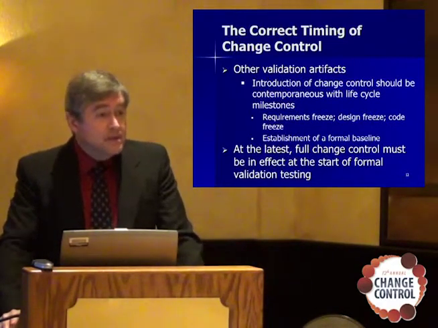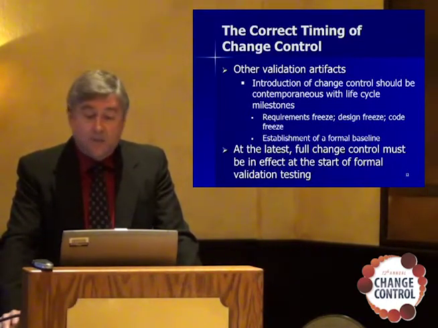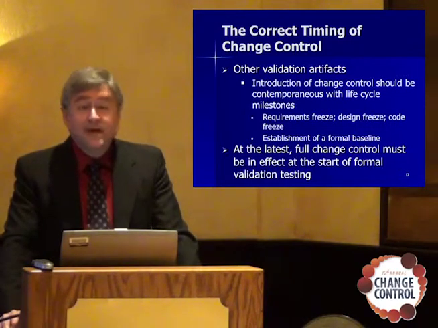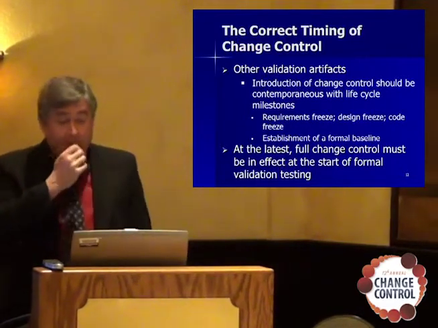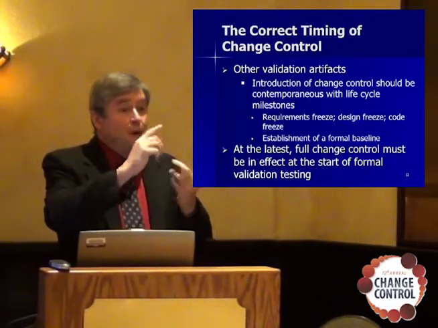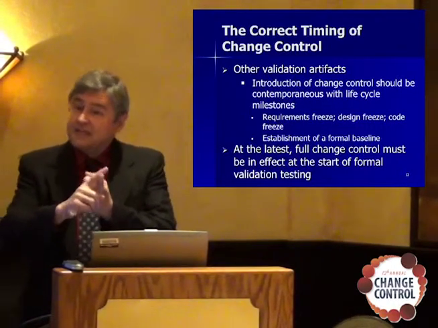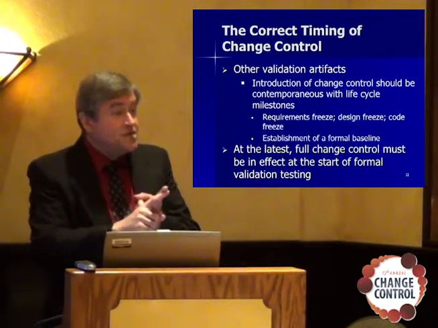What I have found is that the introduction of formal change control is best done when it's contemporaneous with a life cycle milestone. During a validation life cycle, there are different milestones that you have along the way. There could be quality gates or phase gates that you need to go through in your life cycle. That's a milestone when you pass one of those. You might have a freeze on requirements.